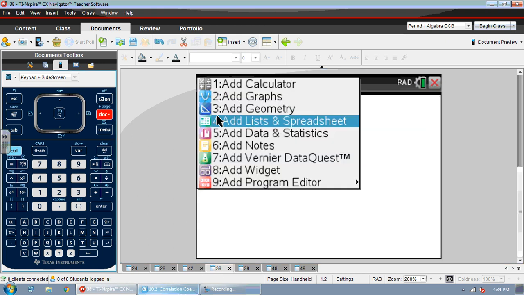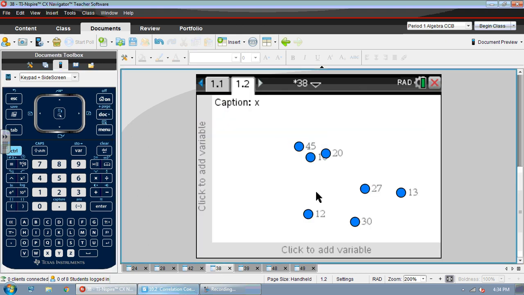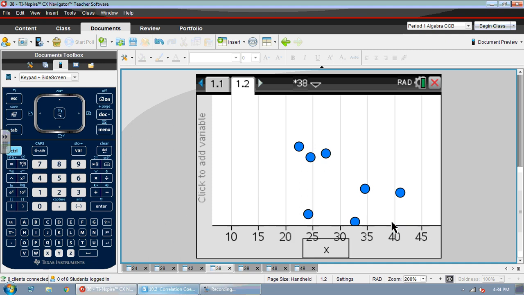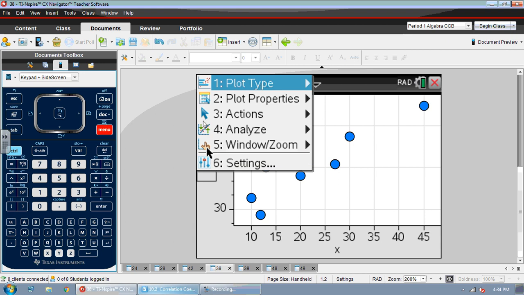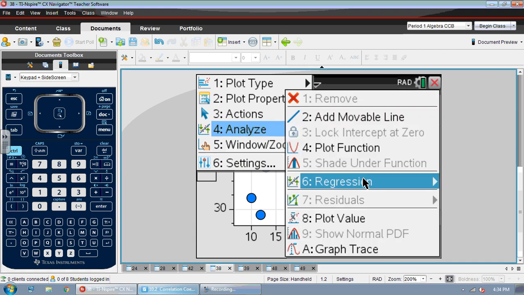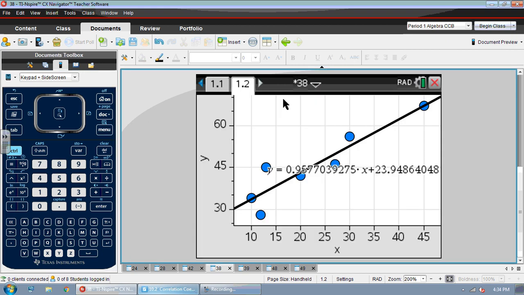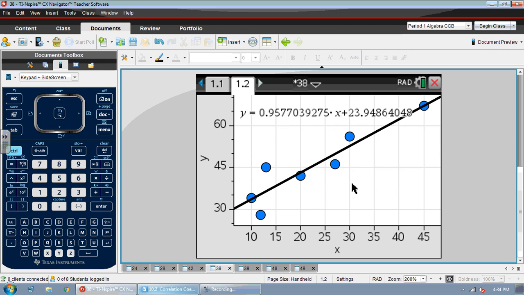I do want the regression equation, so this is a data and statistics graphic kind of question. X on the bottom, Y on the side. We are told to use linear. Menu, analyze, regression, linear. If I can't quite read it, I can hold down with my hand and grab it and move it out of the way.